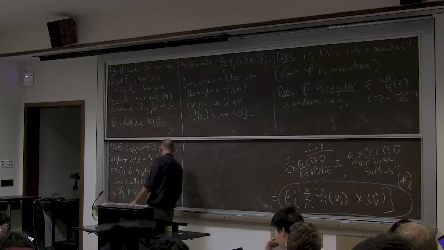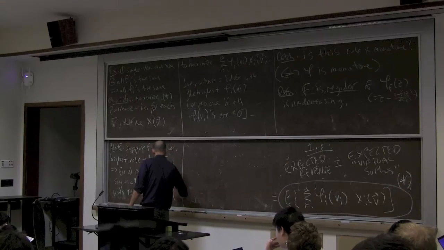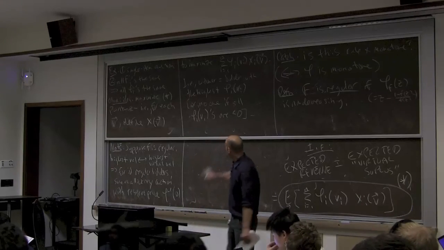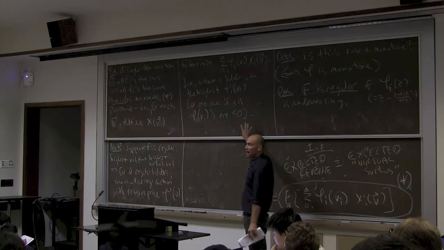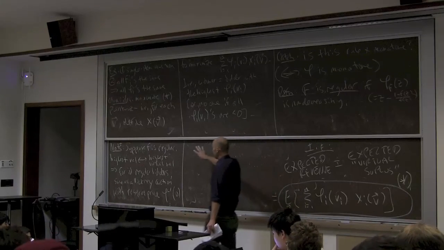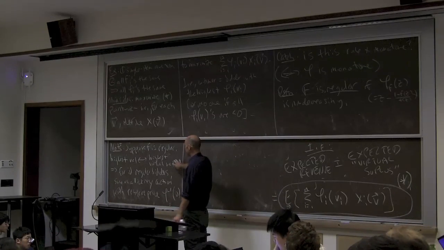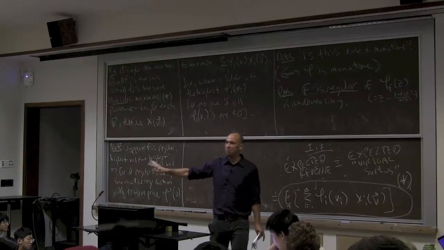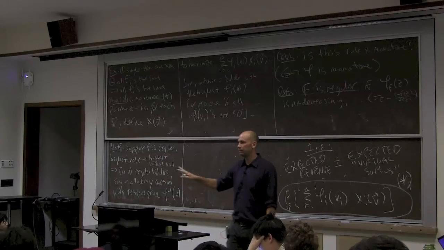So the reserve price is phi minus 1 of 0. So the allocation rule described here, give it to the highest virtual value or nobody if they're all less than 0, if it's IID and regular, is exactly the same thing as giving it to the highest value, or nobody if everybody's bid is below phi minus 1 of 0. Okay?